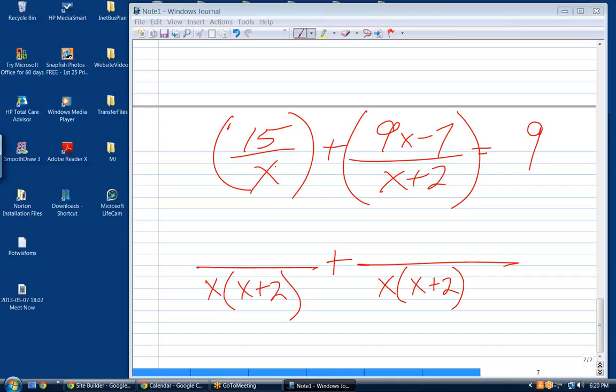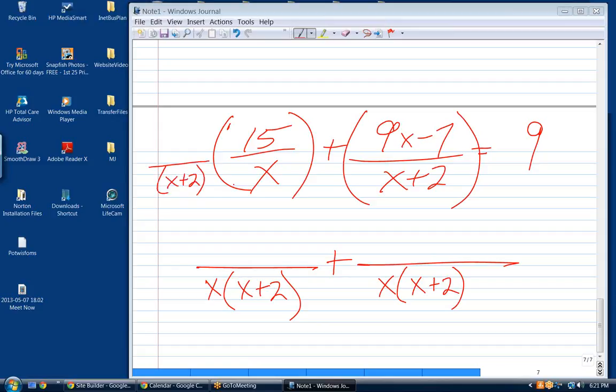What do we have to do to 15 over x in order to give it this denominator? Well, to give it that denominator, I have to multiply it by x plus 2.